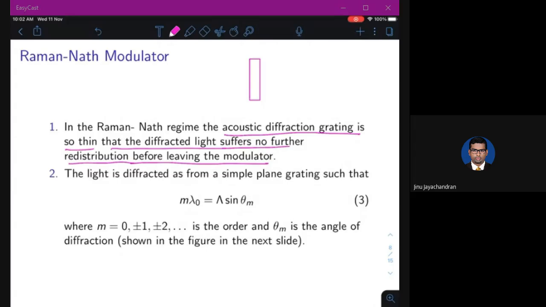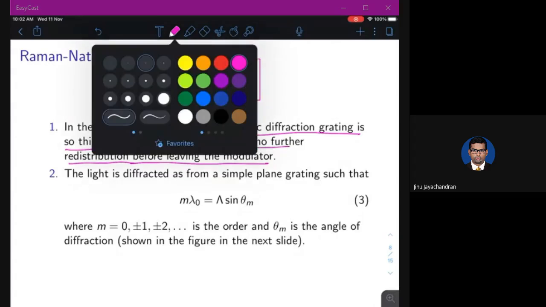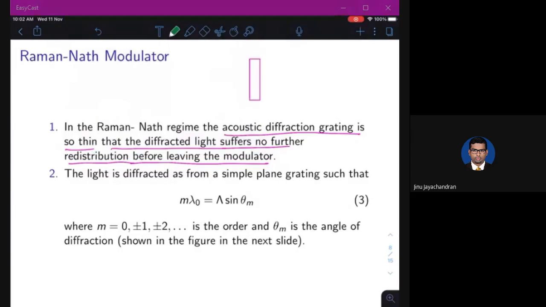When the light is incident, let's say normally, it will not have enough time to do any kind of constructive or destructive interference within this grating. So the diffracted light will directly come out.